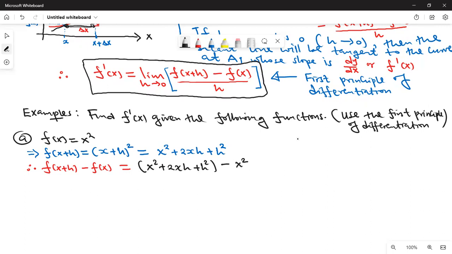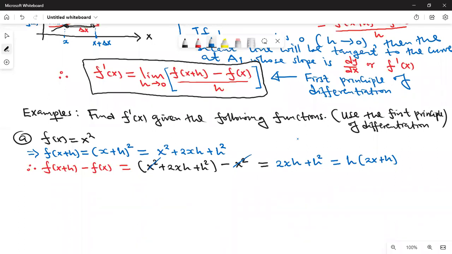And so this is now equal to, because the x squared will cancel with the other one, 2xh plus h squared, which you can write as h outside into 2x plus h. That is the numerator. Denominator, we have h.